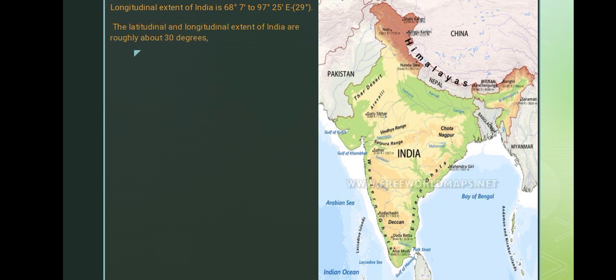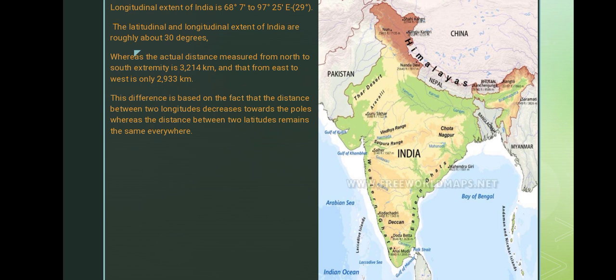The latitudinal and longitudinal extents of India are both roughly about 30 degrees, whereas the actual distance measured from the north to the south extremity is 3,214 km, and that from east to west is only 2,933 km.